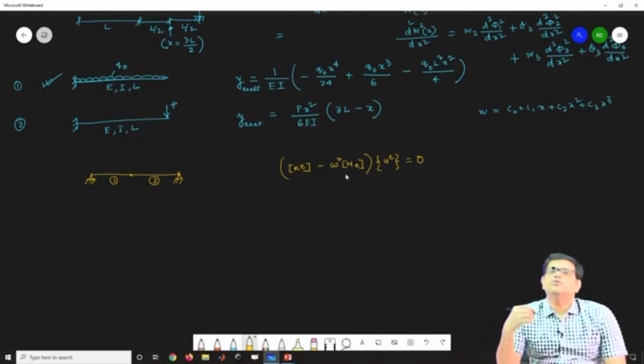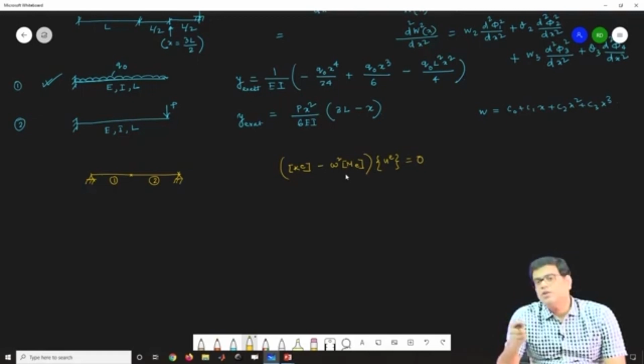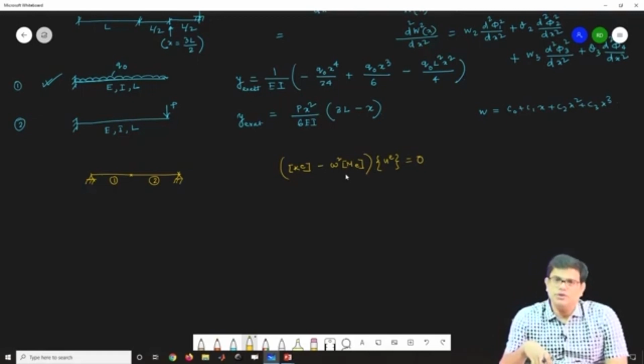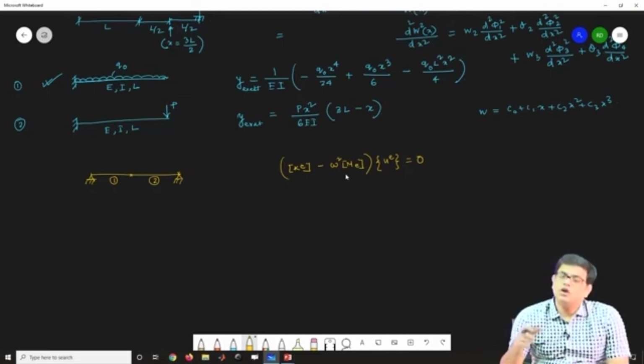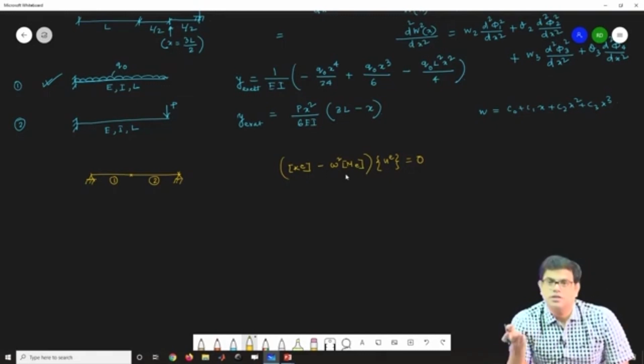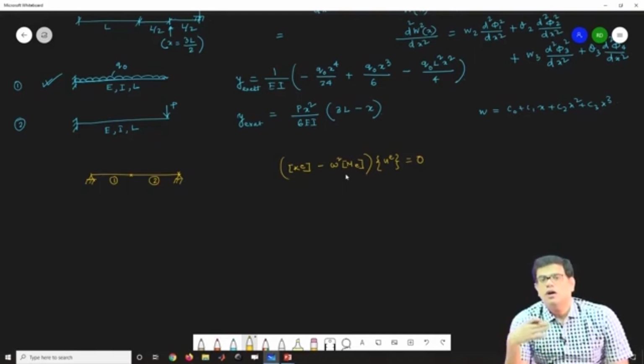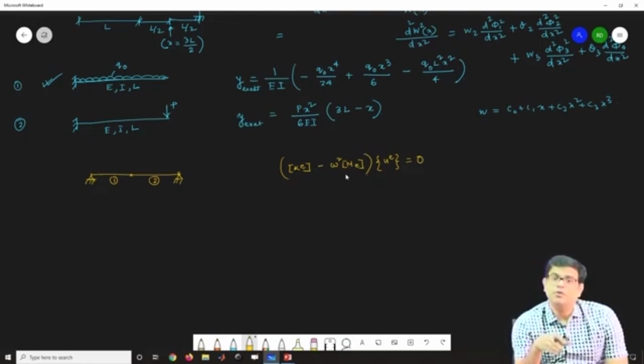To find the natural frequency of the system, you just follow the same procedure and solve the eigenvalue problem to get the first natural frequency. For instance, finding the first natural frequency of the previous problem that we solved is very difficult to obtain exactly.